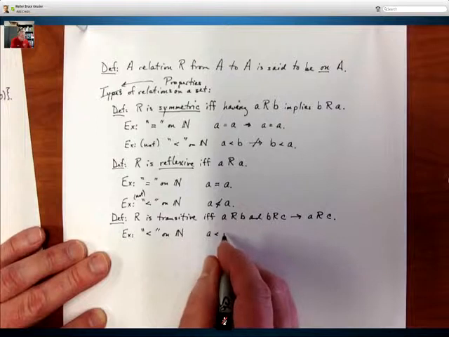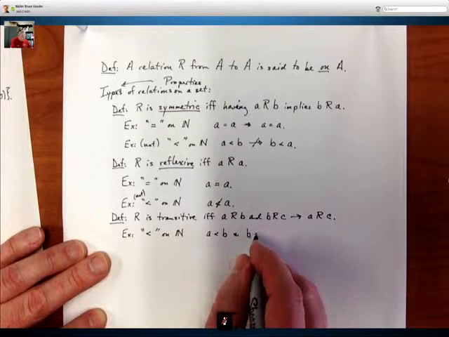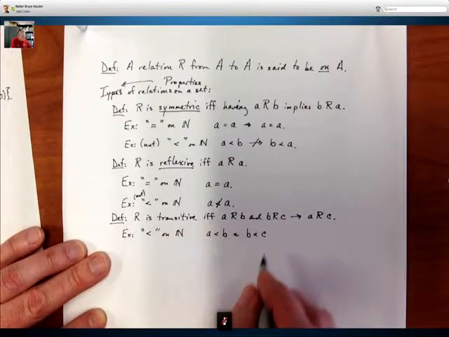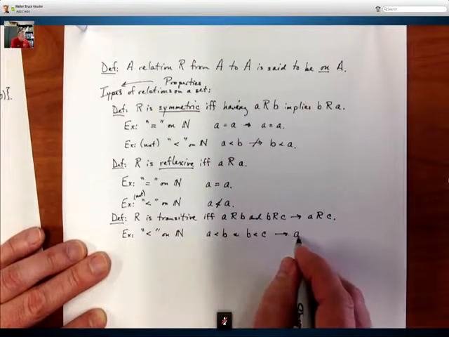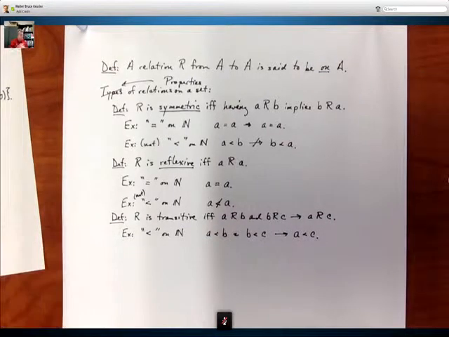If A is less than B and B is less than C, then that does imply that A is less than C. Divides is another one.